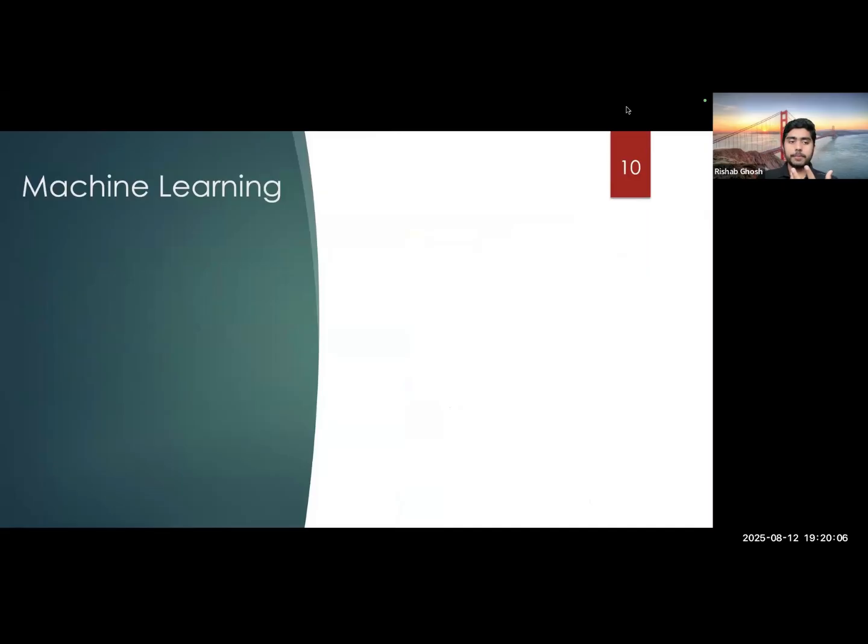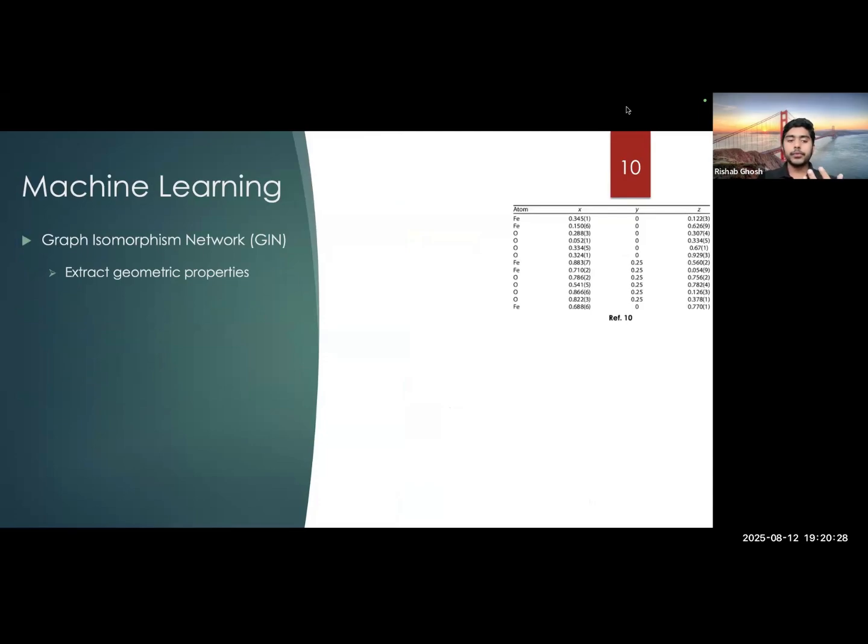Now going into machine learning. Our machine learning architecture is a hybrid model comprised of a graph isomorphism network, GIN, utilized for extracting geometric properties like the topological structure of the molecule, as well as atomic coordinates, etc., as well as a physics-guided neural network, which is utilized because we create a feature vector of each molecule that we're assessing.